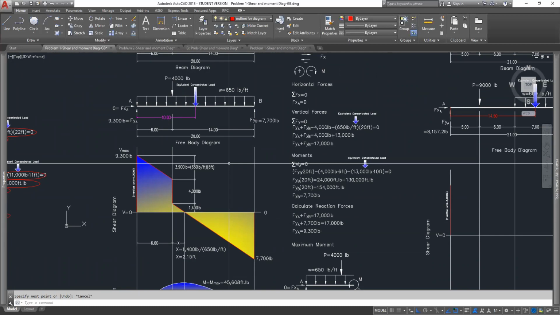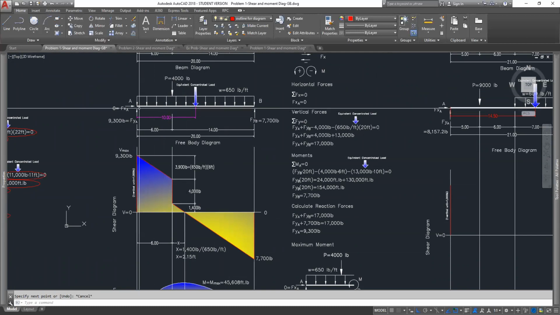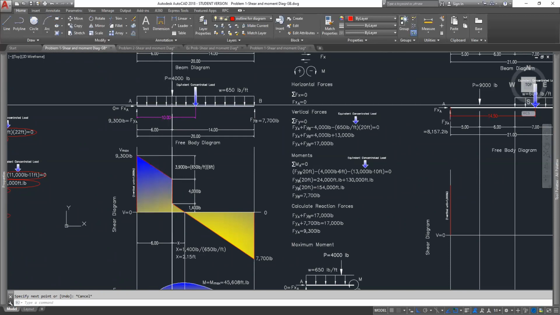Gabrielle? Because the weight was decreasing. Absolutely. Because the weight is not decreasing, it's actually increasing, but you reflected. Your answer was perfect, because this is what we call that distributed load.